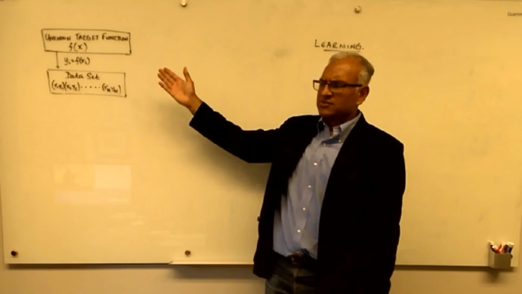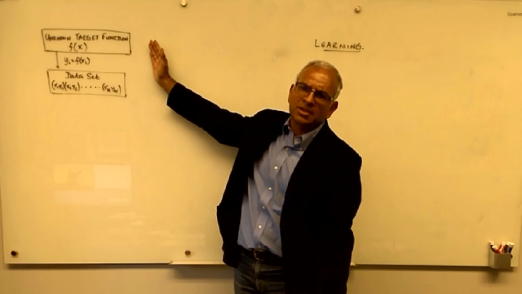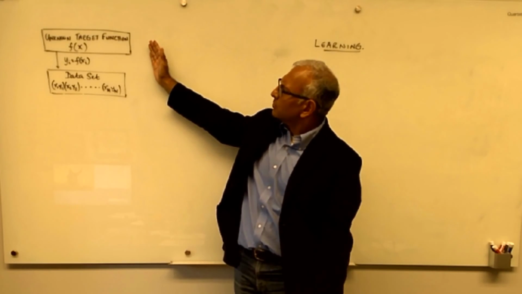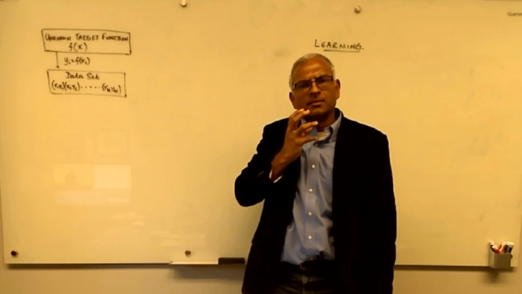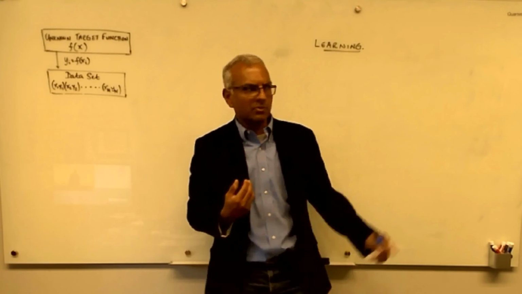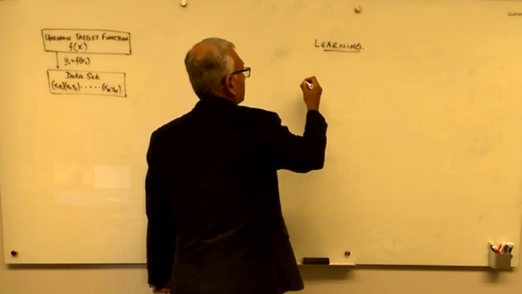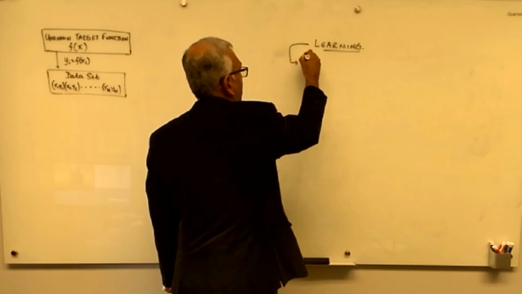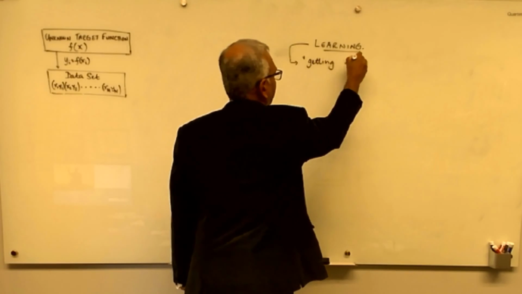What do I mean by let's talk about the learning? What's all this? This is just the setup that says machine learning is a feasible approach to reverse engineering f. Okay. And the process that actually does that reverse engineering is what we're calling learning. Okay. So, let's put it in quotes, getting f.